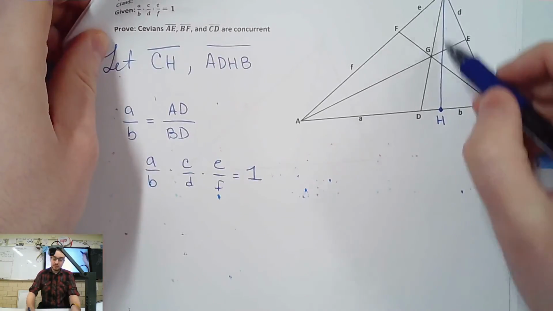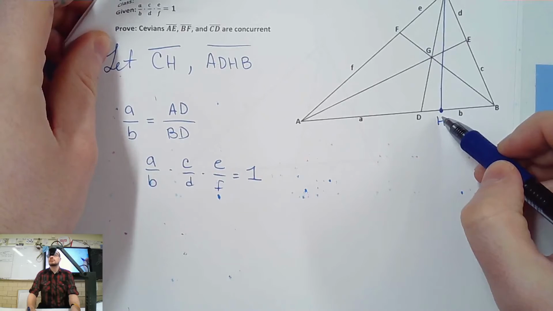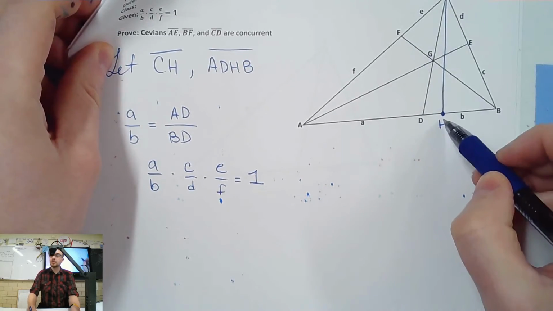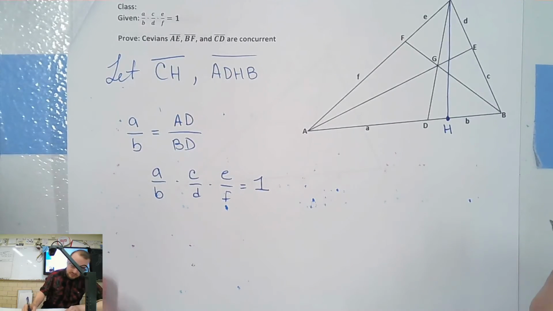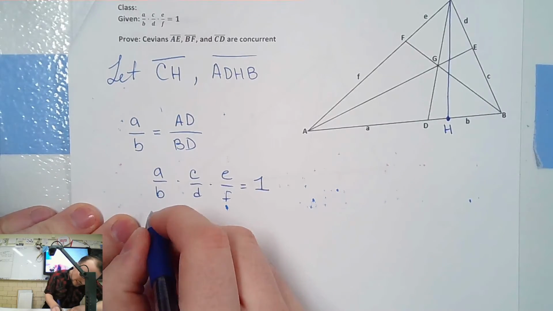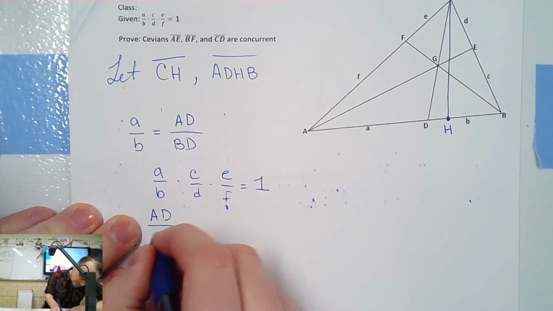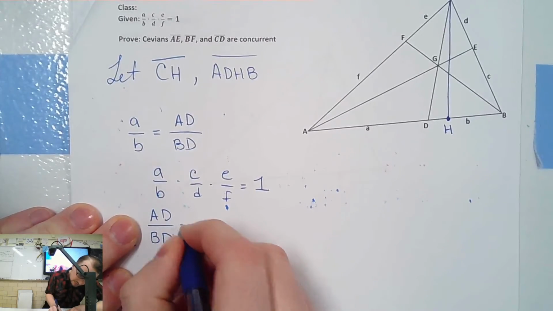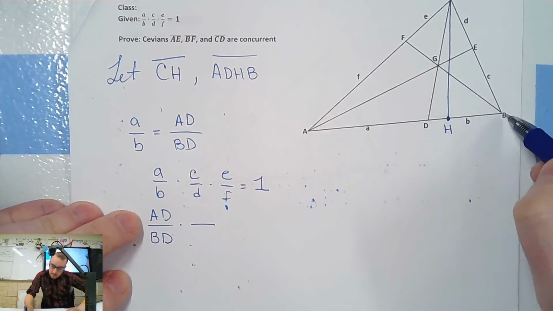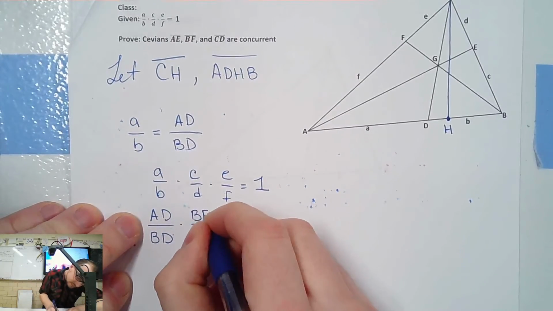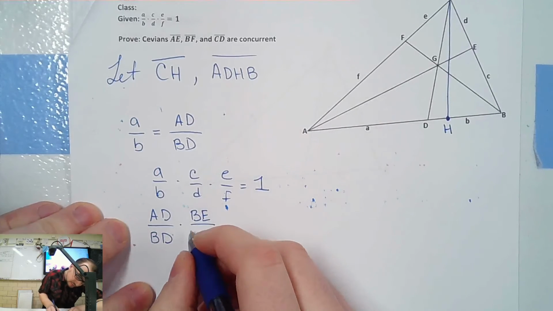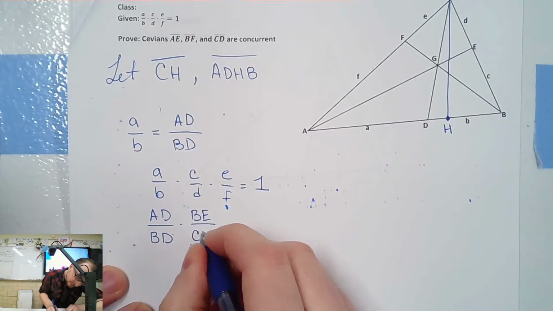And I'm saying, let's assume they're not concurrent. Let's assume that this is over here. So I know that AD over BD times BE over EC. We'll do CE, keep it alphabetical.